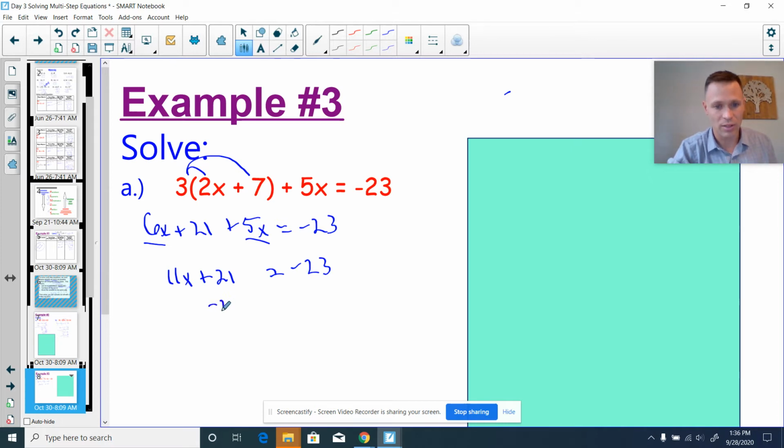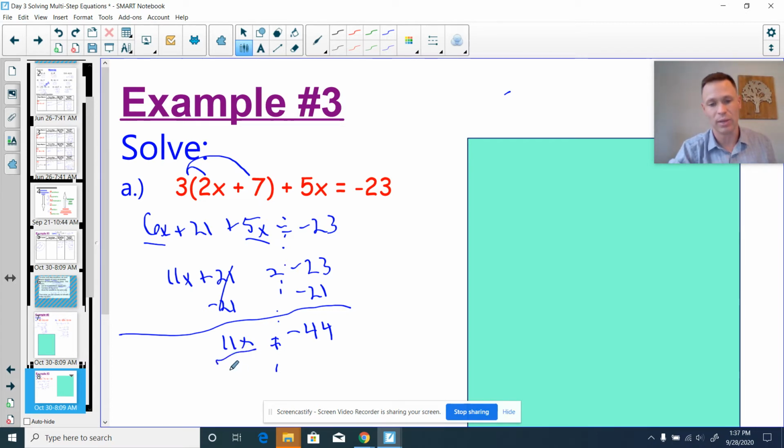I will subtract 21 from both sides. Here's my little line down my equation to show both sides of it. The 21s are gone, so now I'm left with 11x is equal to negative 44. And the only thing left to do is undo the multiplication of 11 by dividing by 11. And then I get x is equal to negative 4.